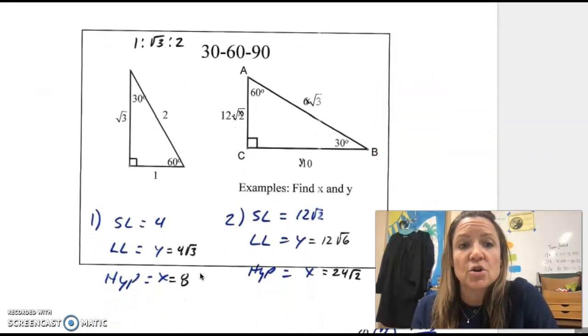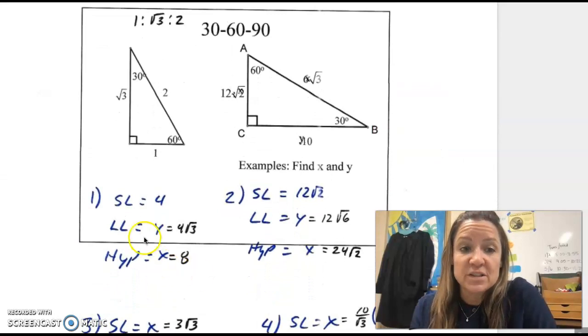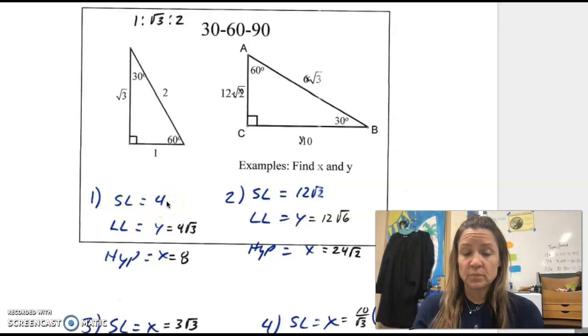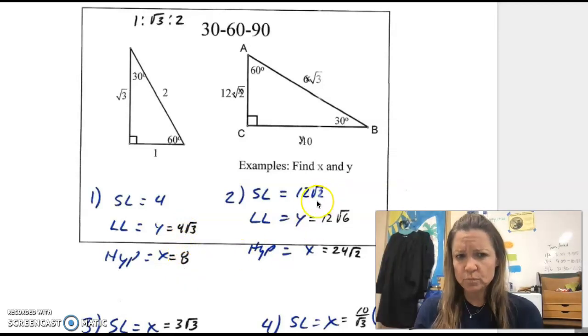So here's some more 30, 60, 90s. If you're given the short leg is 4, to get the long leg, multiply that by rad 3. To get the hypotenuse, double it to get 8. If the short leg is 12 rad 2, to get the long leg, you multiply that times rad 3.